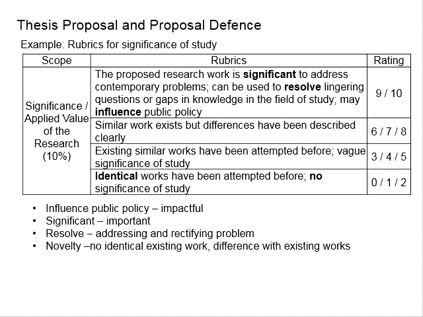That means you are addressing and rectifying some problem, and this problem is going to be a contemporary problem, which is happening currently, and seeking for solution. Significant. It means something important, and influence public policy. That means it represents the degree of impactness.